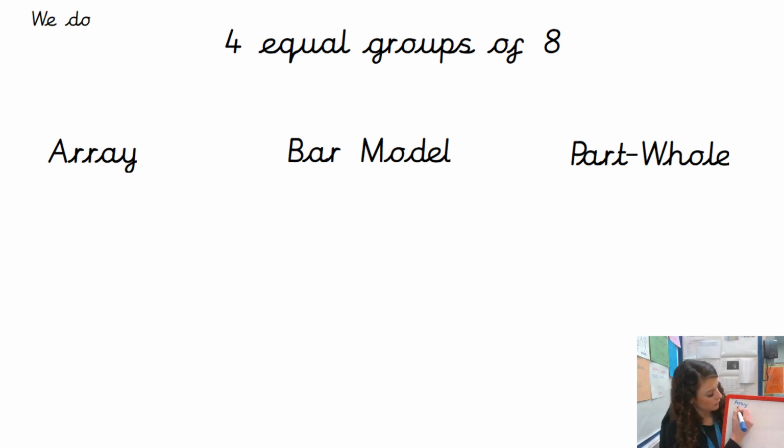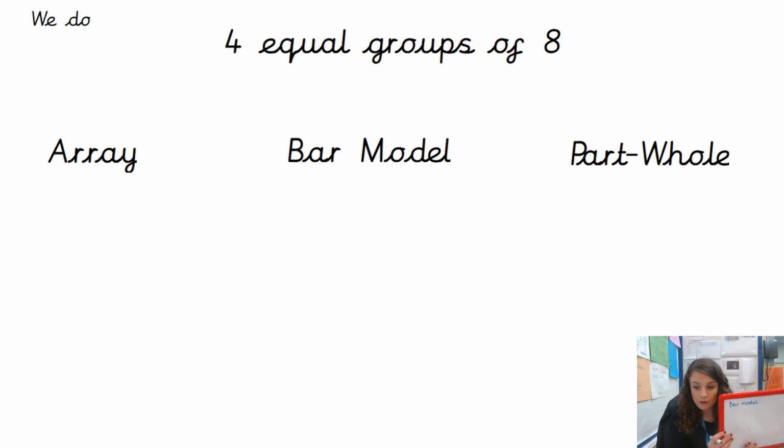That's one group. 1, 2, 3, 4, 5, 6, 7, 8. That's my second group. And 1, 2, 3, 4, 5, 6, 7, 8. That's my third group, but I need 4 groups, so one more to do. 1, 2, 3, 4, 5, 6, 7, 8. So as you can see, I have got 4 groups and each one has got 8 in.